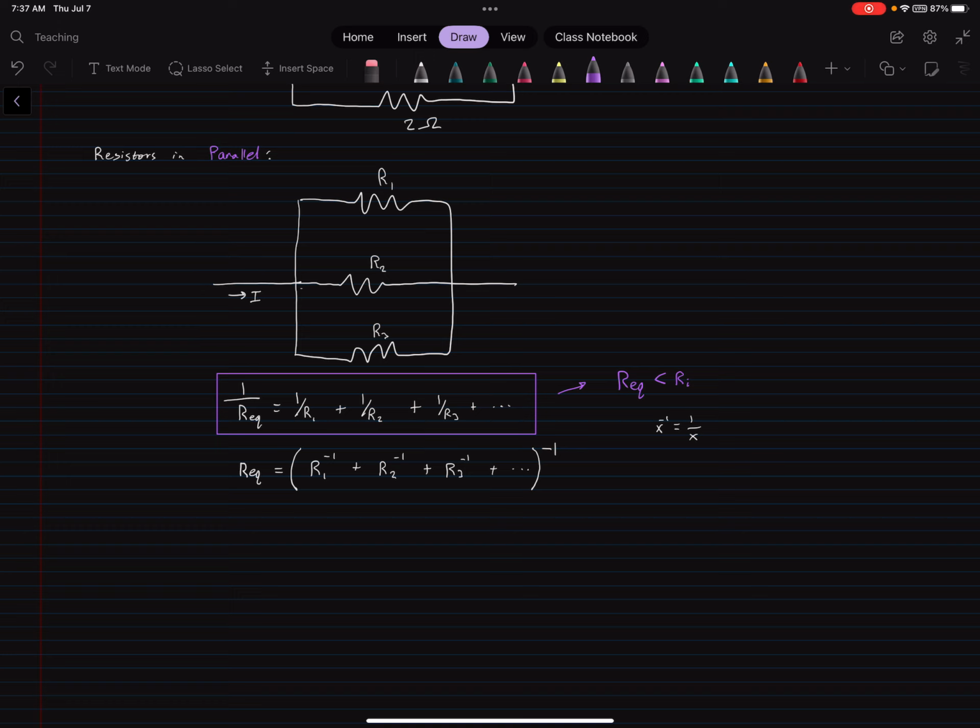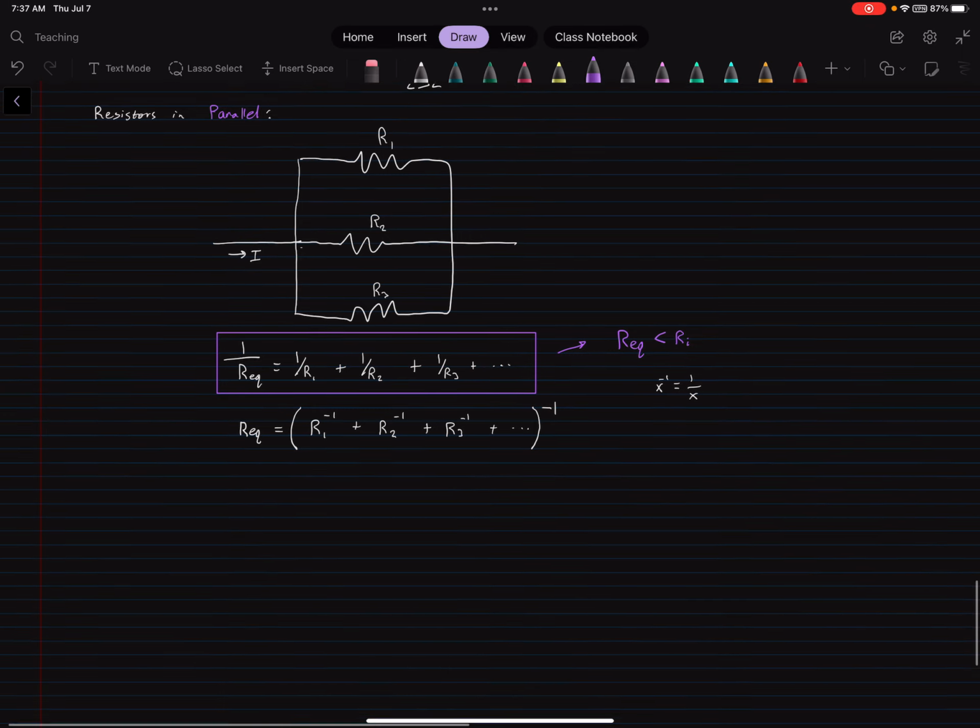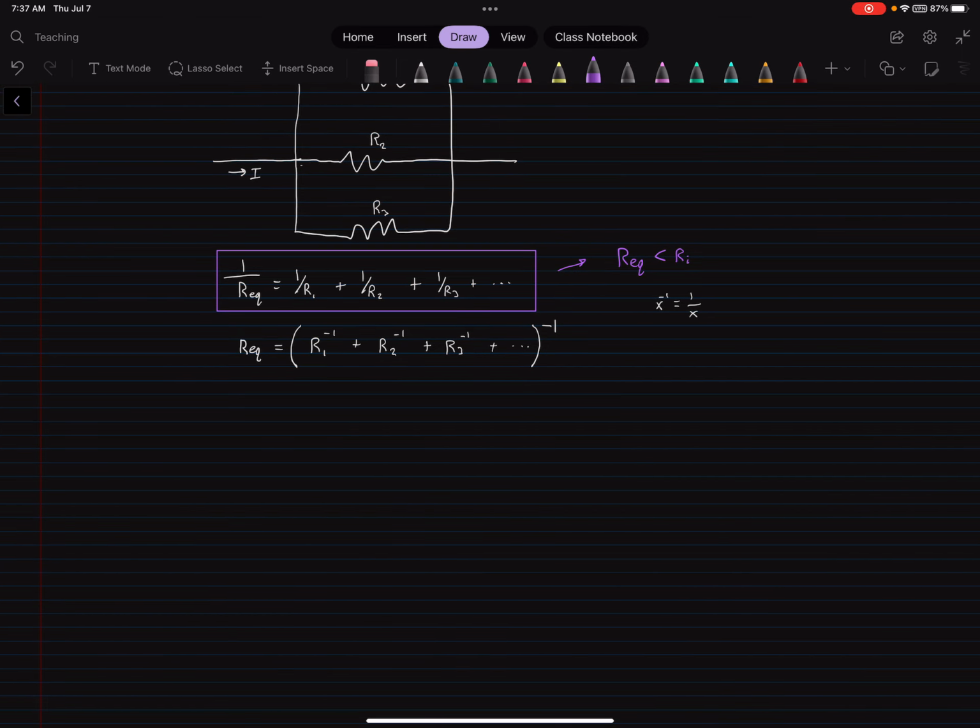So resistors are things that contribute resistance to the circuit, right? That's what I've told you. Am I a liar? The more resistors that you add in parallel, the more the resistance of the circuit, but now I'm telling you that the total resistance of the circuit goes down. So to understand this, we go back to the water analogy with our pipes, right?